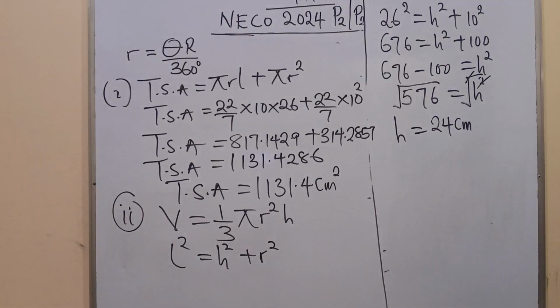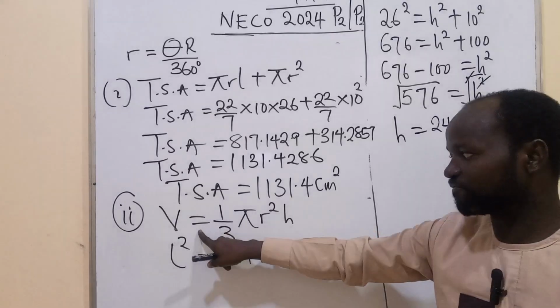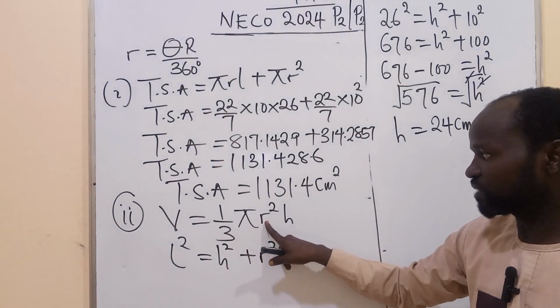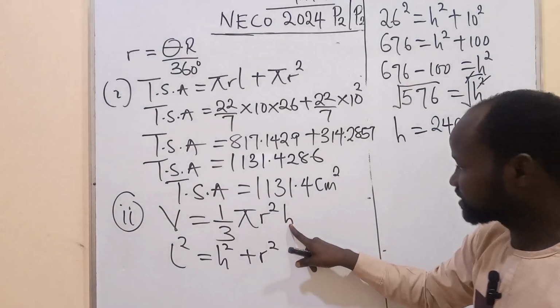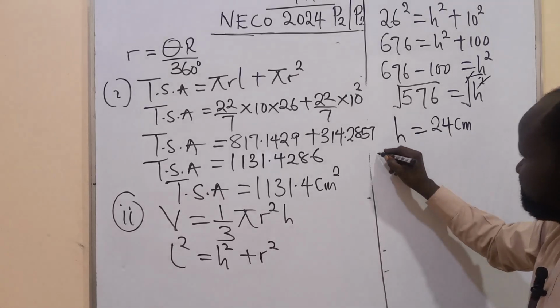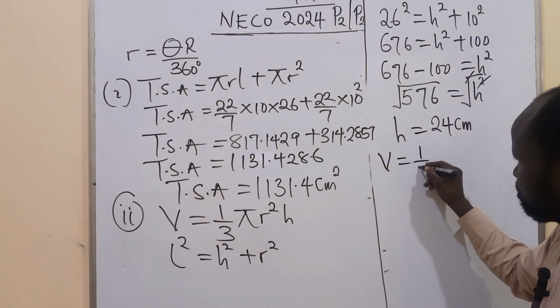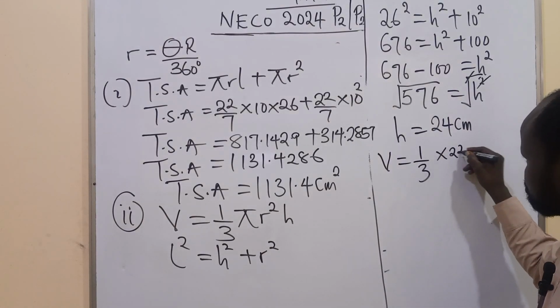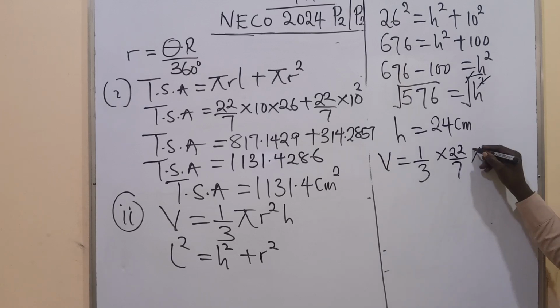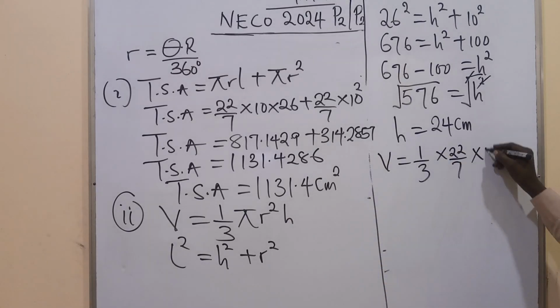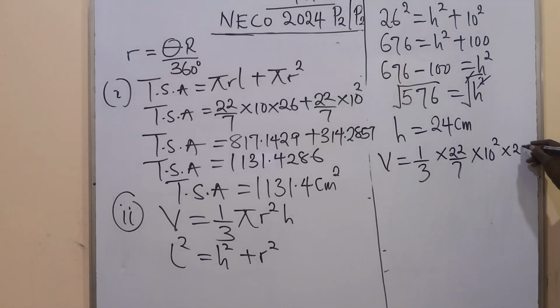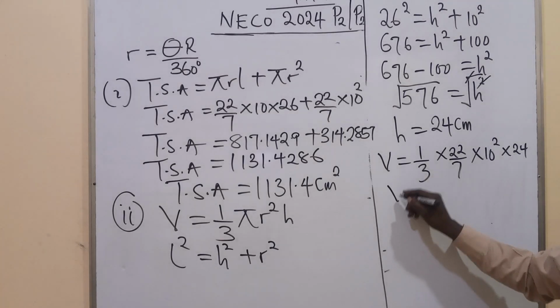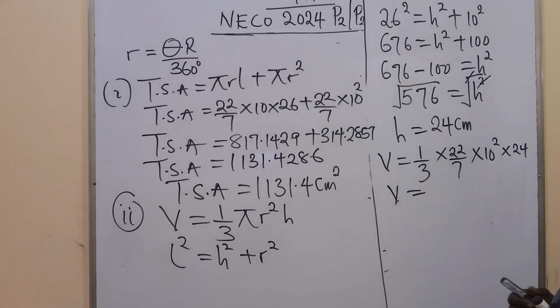That's the vertical height. We can easily find the volume because we know the radius of that cone as 10 cm. The height now is 24. So the volume V now will be equals to 1/3 times pi 22 divided by 7 times the radius, which is 10 square, times the height, which is 24. Volume V now will be equals to, we can multiply this. 10 square is 100.